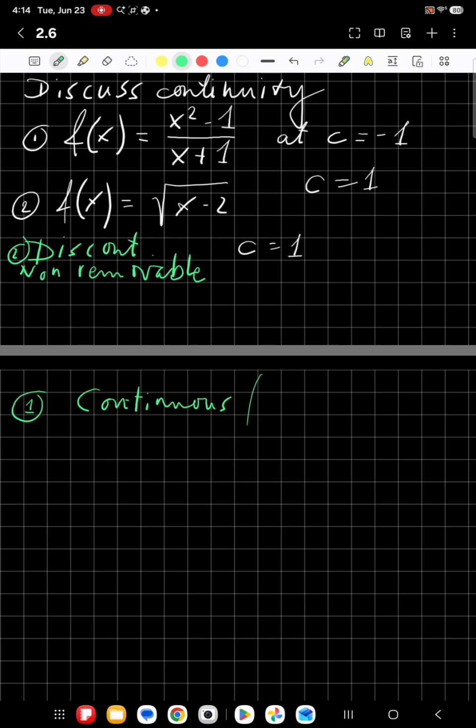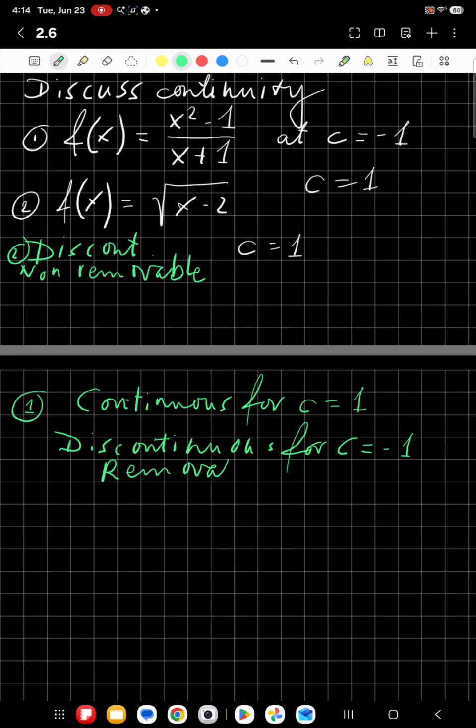The function is continuous for c equals 1, and discontinuous for c equals negative 1, and it's removable. Okay. All right, so we have that.